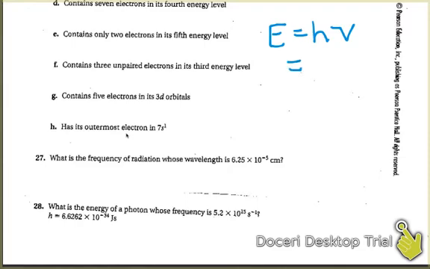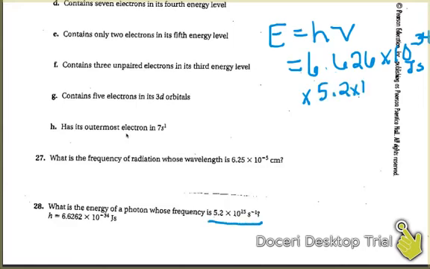Okay, h is a constant, Planck's constant, and it is equal to 6.626 times 10 to the negative 34th. Okay, and our unit for h is joules times seconds, and we are going to multiply that by our frequency, which they told us was 5.2 times 10 to the 15th, 1 over s, which is the same as hertz, so all I have to do is plug this into my calculator.